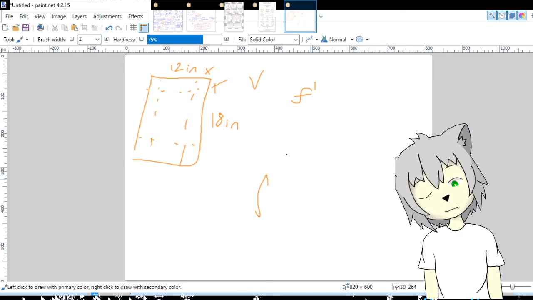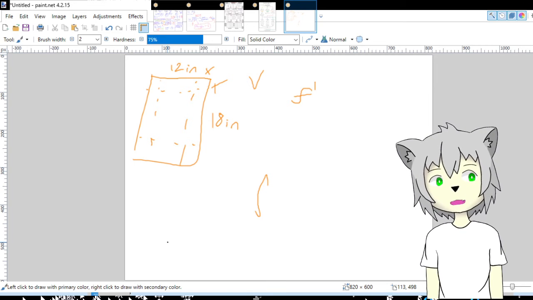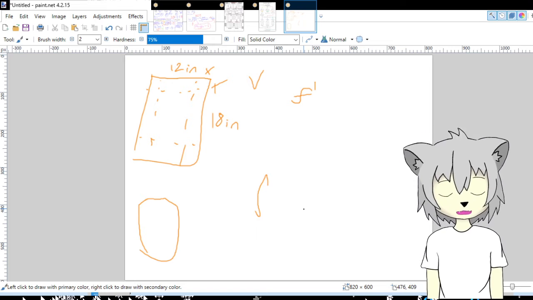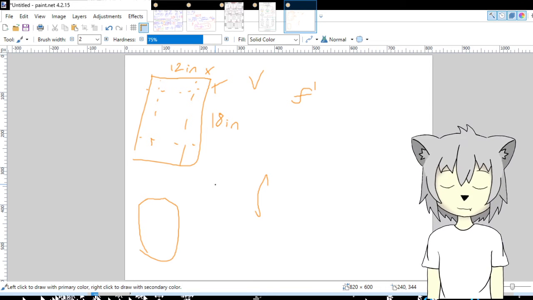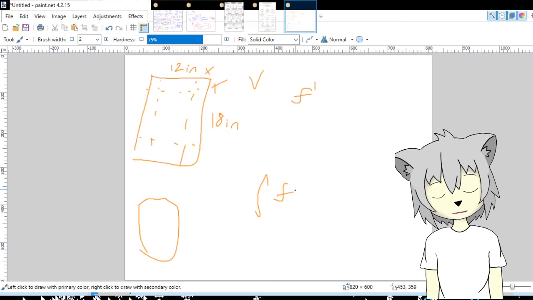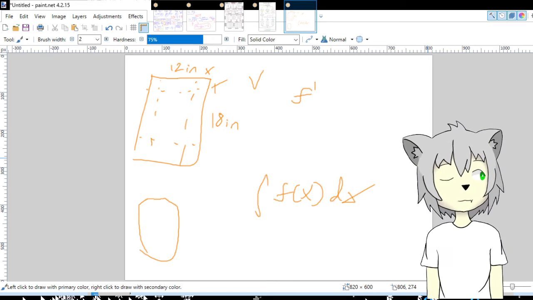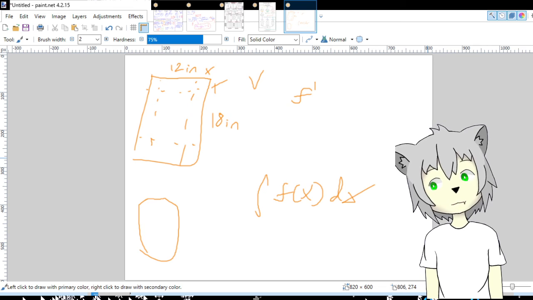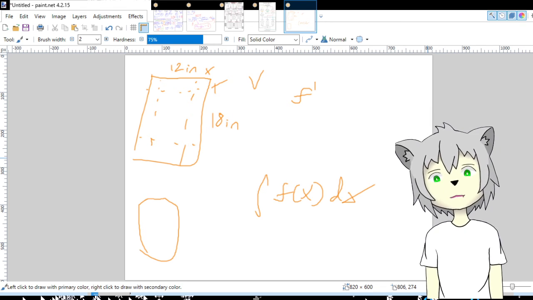And then we have integrals, and we have to optimize volumes and areas, maximize areas and all that stuff. That's when it becomes complicated, like actual application problems, because I'm pretty sure all this other stuff is plain easy.